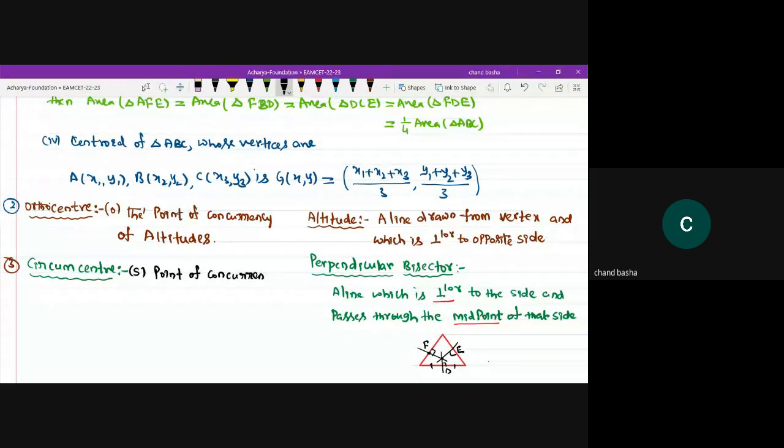Point of concurrency of perpendicular bisectors. Called what? Circumcenter. It is denoted by S.